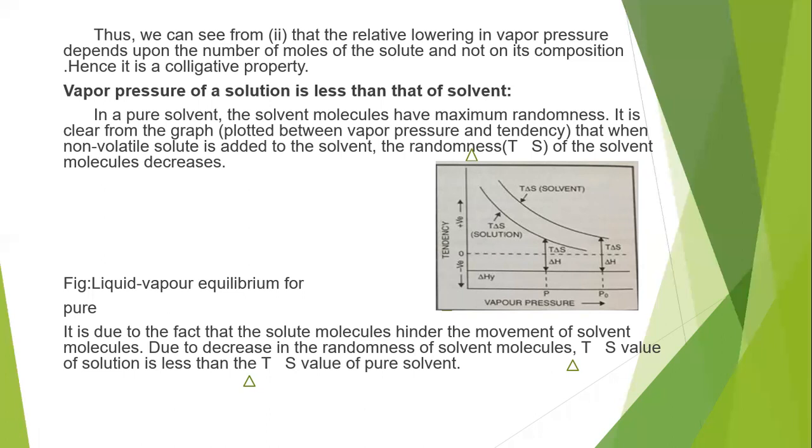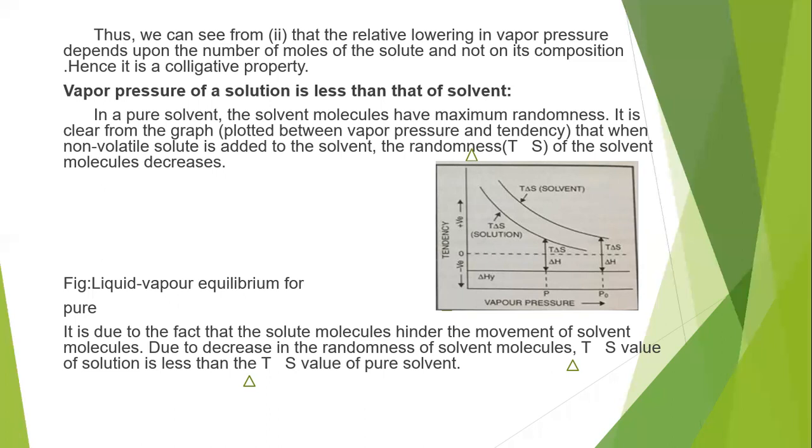Because of that, the randomness of the solvent molecules decreases. Due to this decrease in randomness, the T delta S value of a solution decreases, which means the vapor pressure value of a solution is less than the vapor pressure value of a pure solvent.